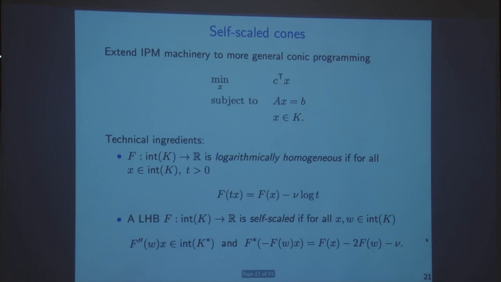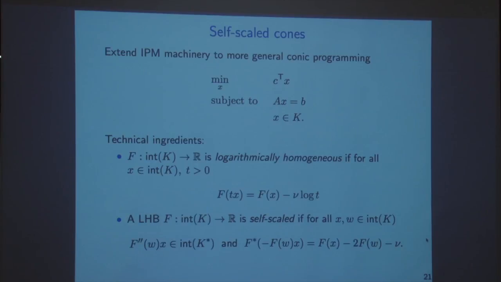And then, what is really cool is that we can take this even farther, to a class of cones called self-scaled cones. I'll describe this really quickly. The idea is we can think about both linear and semi-definite programming as that kind of problem, where in the case of linear programming, the cone is R^n_+, and in the case of semi-definite programming, the cone is the cone of positive semi-definite matrices.